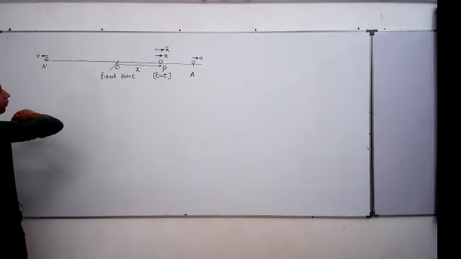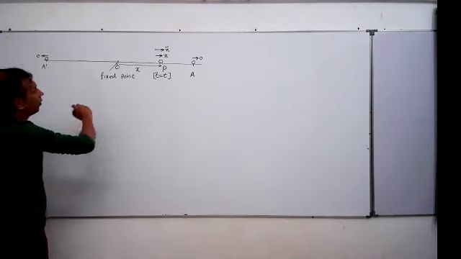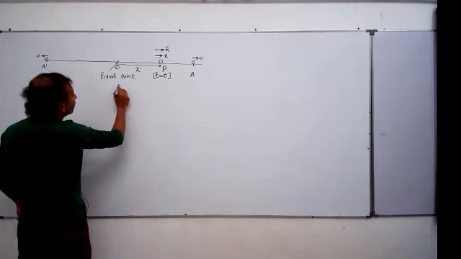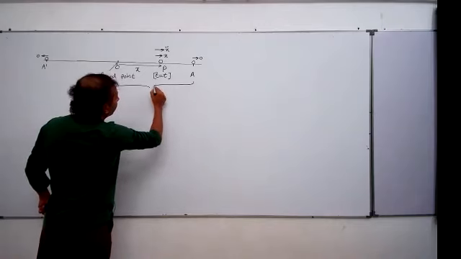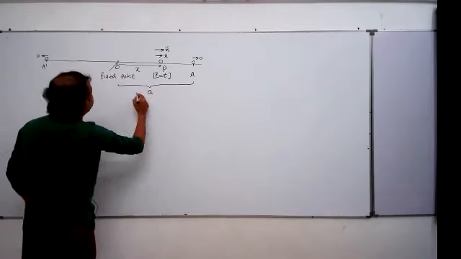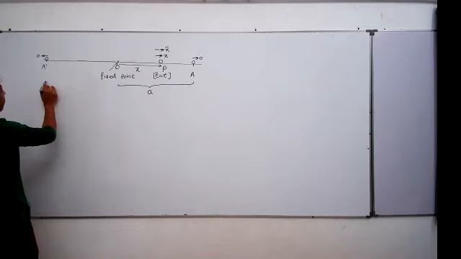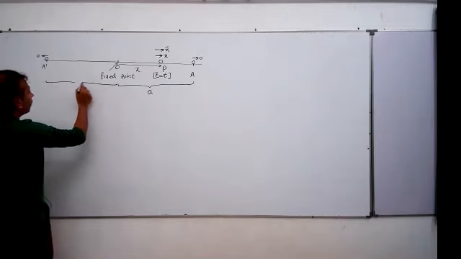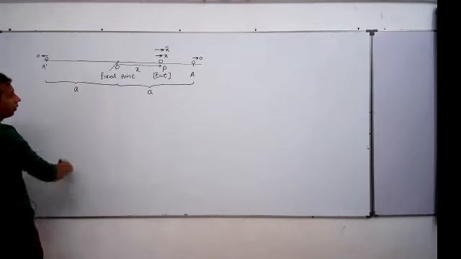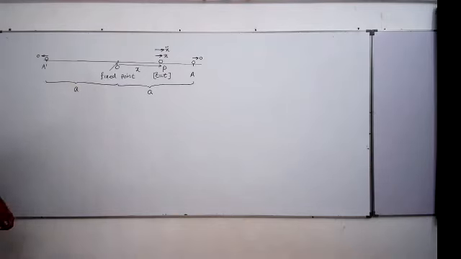Right, this is 0. Suppose this distance is A, the amplitude is also A. Right. At first draw this diagram.